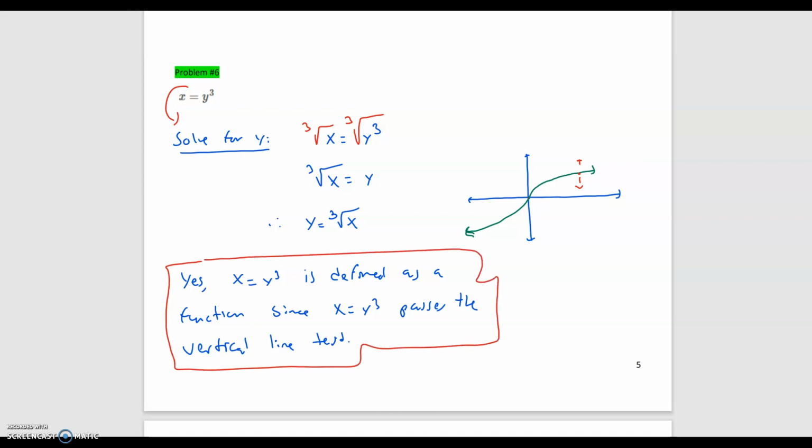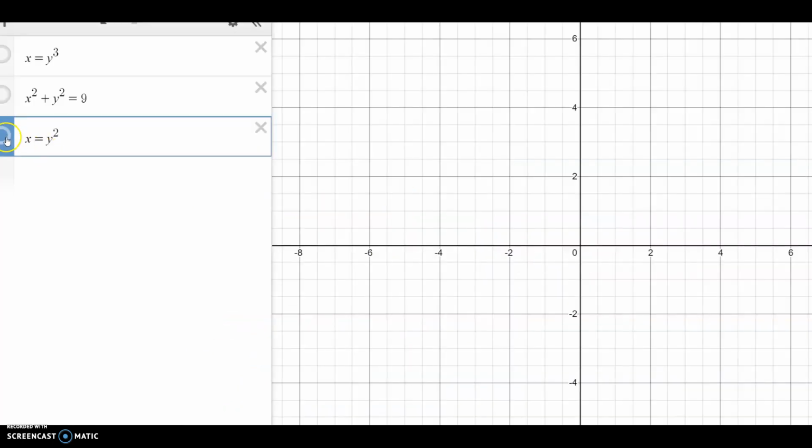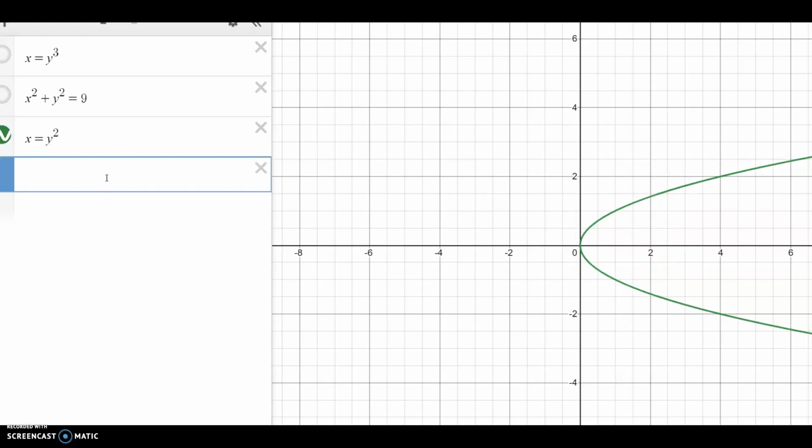Now, let me pause the video for a moment and I'm going to use technology to show you these 3 graphs. Okay, so I did this for problem 4, a basic sketch of what it looks like. This is x is equal to y squared, but let me show you what it actually looks like to scale. And that's going to be this graph. So you can see here, you have one piece and then the other piece, it's going to fail the vertical line test. Let me just put an x is equal to 2.